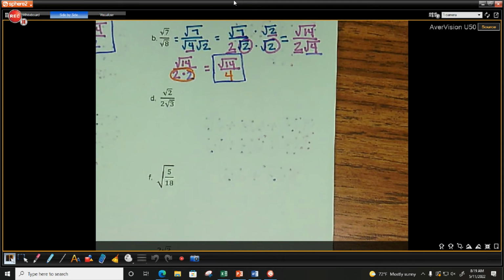What's the issue with this being my answer? There's a radical in the denominator. So what am I going to multiply by? Square root of 3. If you do it to the bottom, you got to do it to the top.